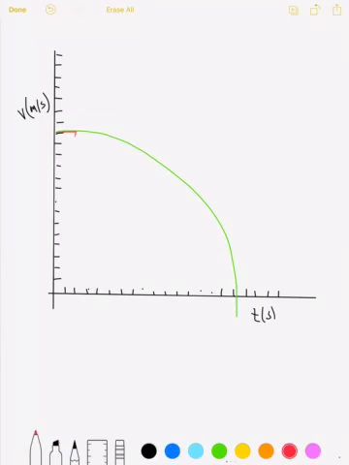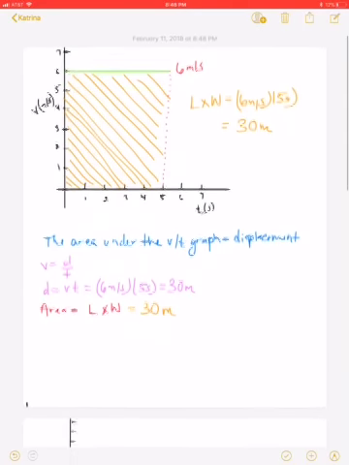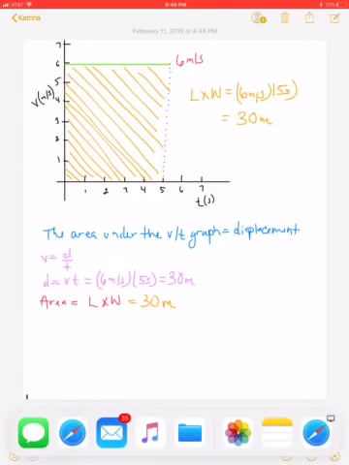So you would find the area by breaking this curve down into boxes like this, and then finding the area of this more boxy shape versus trying to find the area underneath that curved line. So if you see a graph like this and you want to find the area under the curve, break it down into boxes like that. Okay.